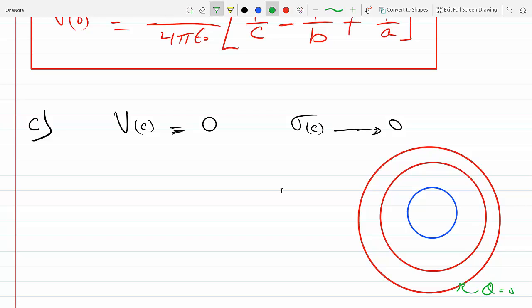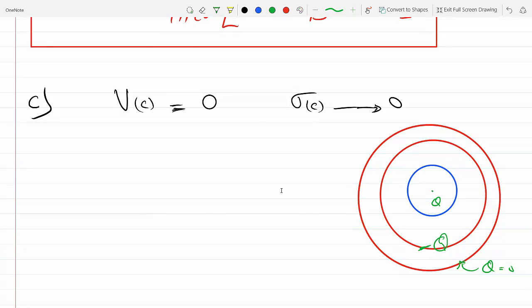This is still Q here. And this here will be minus Q to keep the electric field inside the conductor 0. And with that, let's figure out the electric fields.